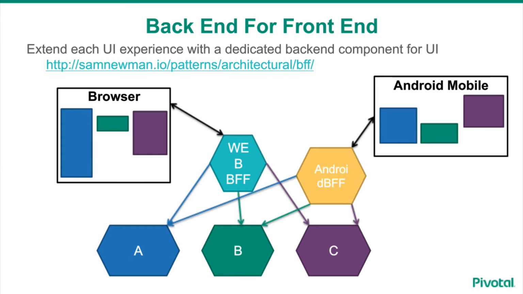Backends for frontends, and I covered this pattern. This pattern goes hand in hand with the micro proxy pattern, where in order to address the needs for each individual rich client, you need to create a backend service for that particular front end.